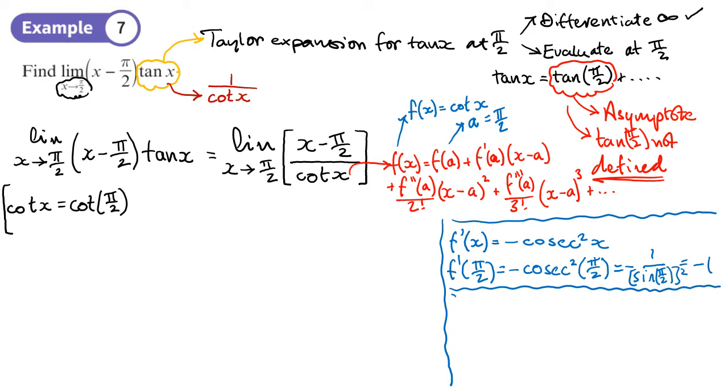Let's work out the next derivative. Here we can use the chain rule to differentiate the cosec squared. So using the chain rule, it will become negative 2. We differentiate the outside, so power 1, and then the inside doesn't change.